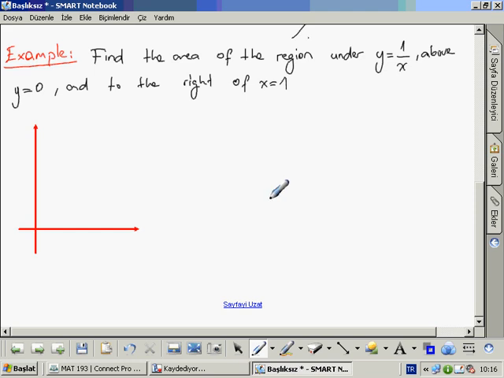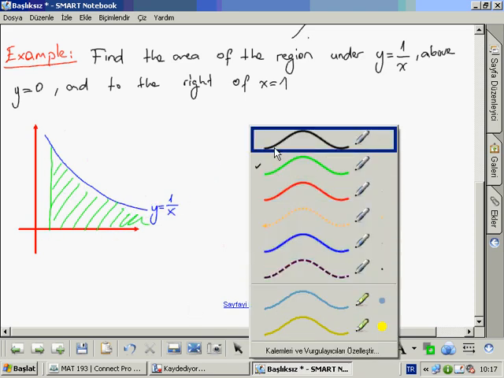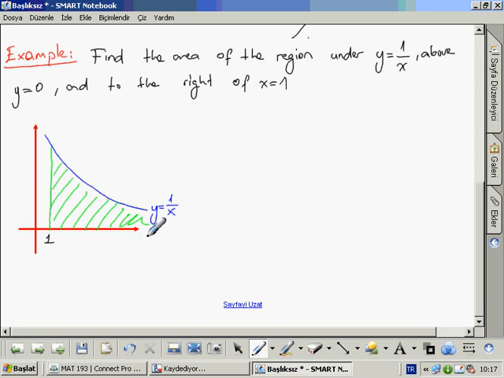Let me continue. This is, for example, 1 over x, and this point is 1, x and y.